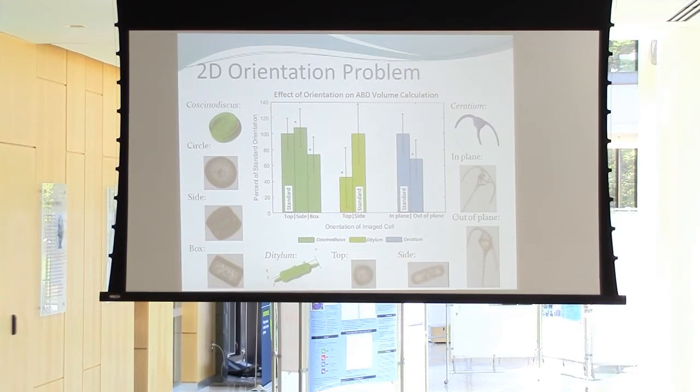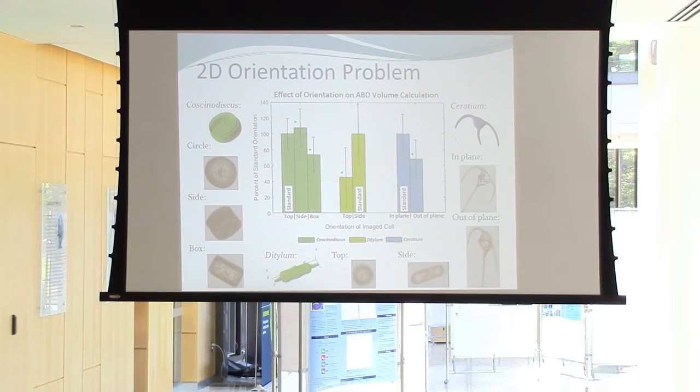Now, as I mentioned before, orientation in imaging with the FlowCAM is an issue, and what this graph shows, so each of these along the side is the different orientations for that organism, and here you have a 3D rendering that we did with the confocal, and each of the orientations that we looked at with the FlowCAM. So I've shown you each of them. What this graph does is standardize it according to the one I've labeled standard, simply because they all have very different volumes, and so we wanted to look at them all in one graph.